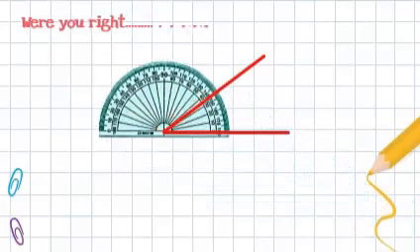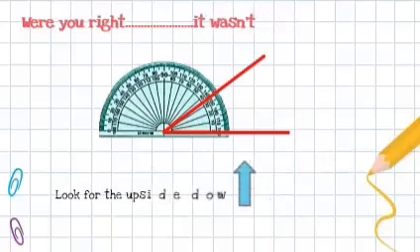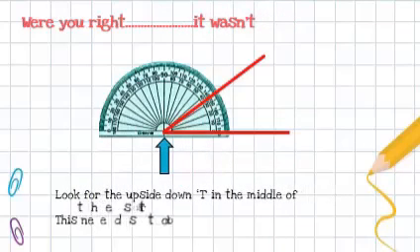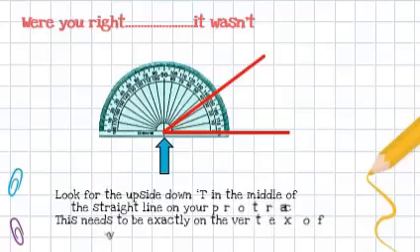Were you right? It wasn't right, because two conditions should be satisfied in order to do it right. You have to look for the upside down T in the middle of the straight line. If you can see here, we have a T shape. Can you see it? I'm going to change the color. This is a T shape, okay? This T shape means that the vertex should be on this point. So the vertex of your angle should be exactly on this point.